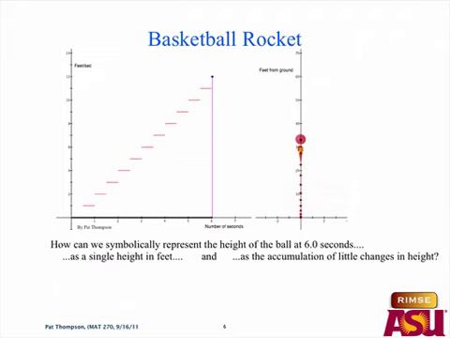Okay? So, how can we symbolically represent the height? So back to this question again. So we've got the height of the ball here at 6 seconds. I want you to represent it. So let's say over here, we have the height function.